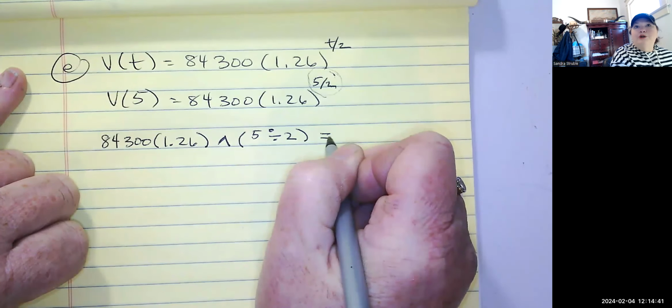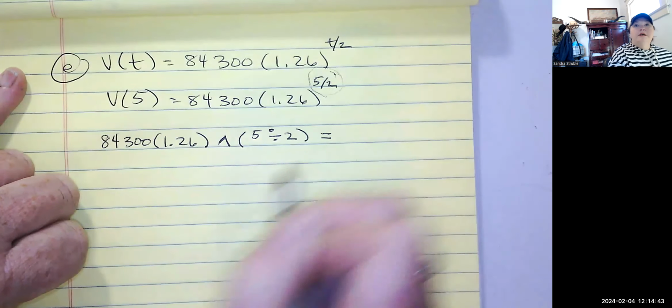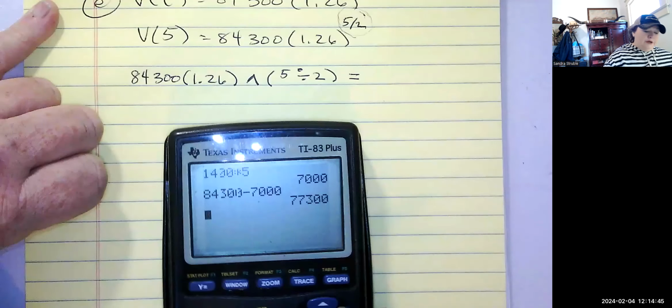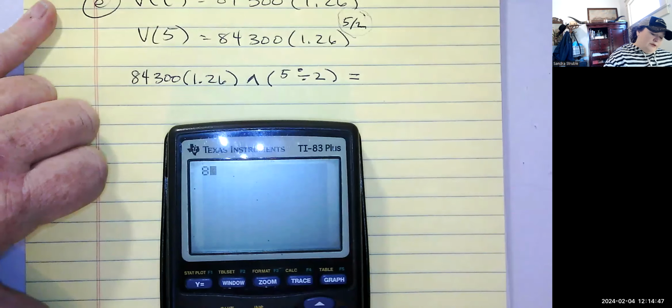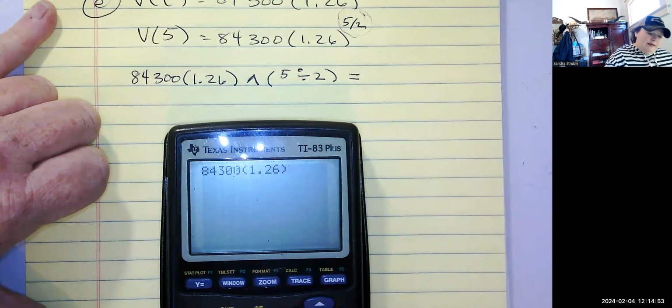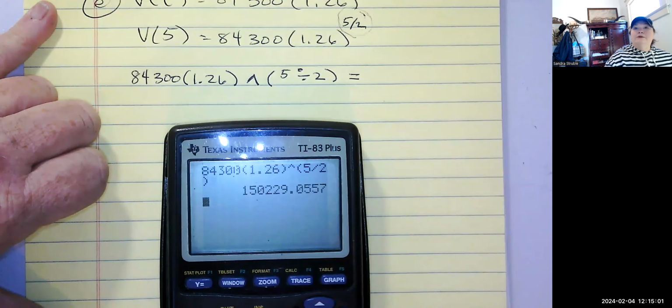That's how you're going to put that in your calculator. All right. So feel free to do it along with me. 84,300, open parenthesis, 1.26, close parenthesis, caret, open parenthesis, 5 divided by 2, close parenthesis, equals.